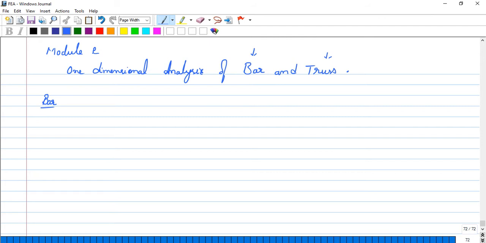So now we shall understand how to derive the stiffness matrix for a bar element. Before that, you should understand what a stiffness matrix is. The stiffness matrix originates from structural analysis.